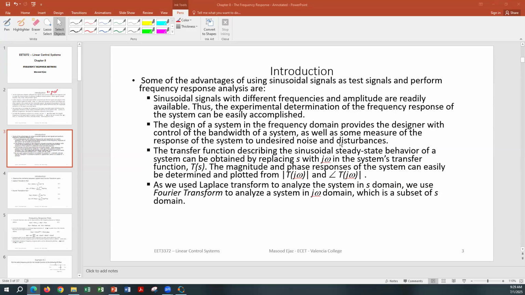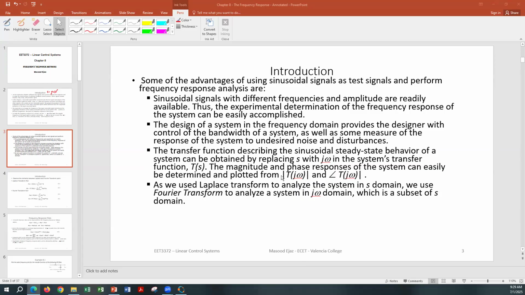The transfer function describing the sinusoidal steady-state behavior of a system can be obtained by replacing s with j omega in the transfer function. And since it's a function of j omega, which is complex, the transfer function will have a magnitude response as well as a phase response, which we have discussed quite a few times in circuit analysis, signal processing, controls, power electronics, and linear integrated circuits.